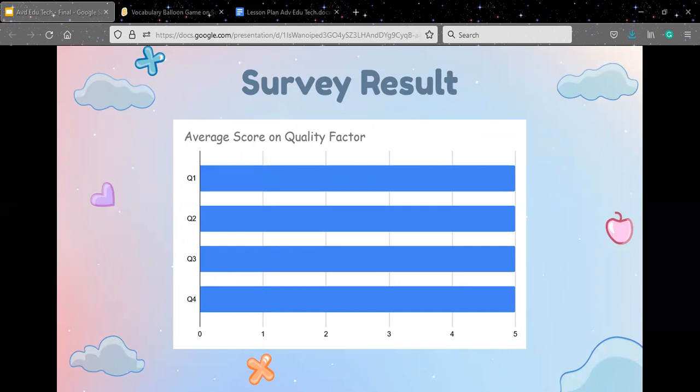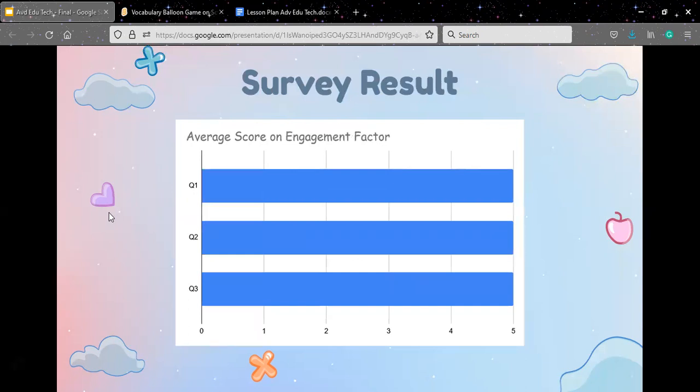For this quality factor, the participants also strongly agreed, giving a 5 score, that the quality of the game was good.